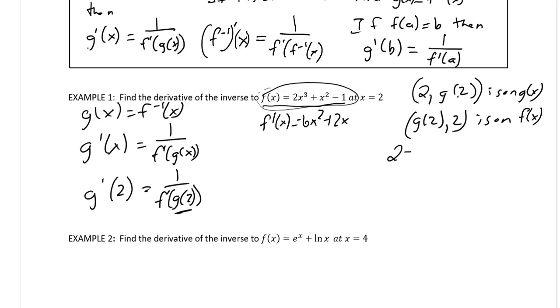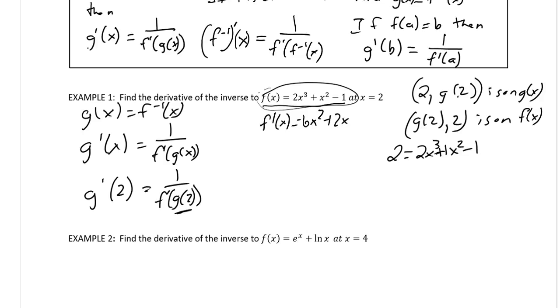Now sometimes you can solve these with quadratics, but in this case we're going to do the quickest way possible, which is just to graph this, 2x cubed plus x squared minus 1. We're going to use our graphing calculator.